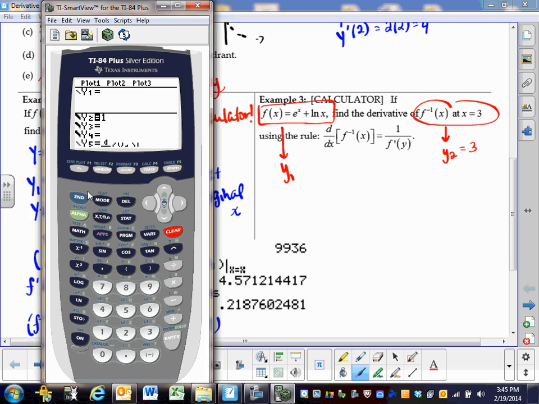Okay, so let's go over and do that again. I'm going to put f of x equals e to the x plus natural log of x into my y1. Since this is the inverse at 3, that really means that my y value needs to equal 3.